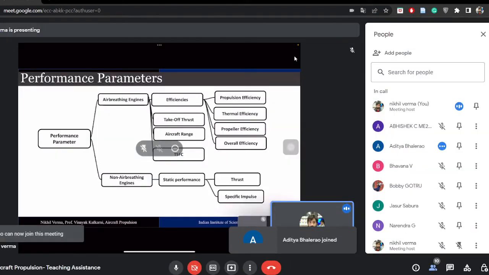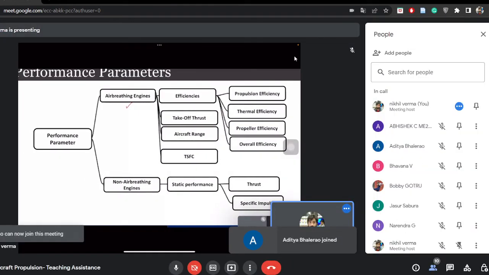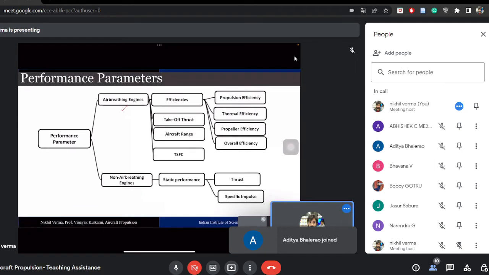Then how we can quantify their efficiencies: the propulsion efficiency, thermal efficiency, propeller efficiency in case of a turboprop and a turboshaft engine, then the overall efficiency. We'll also deal very briefly with how a rocket engine can be parameterized using the static thrust, static performance such as specific impulse and thrust.